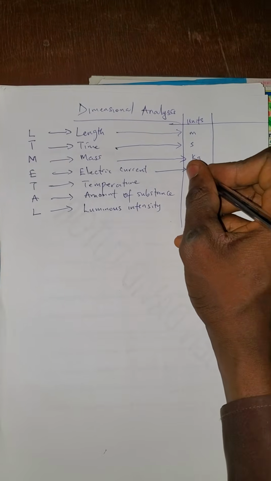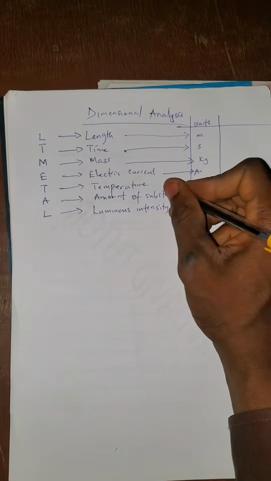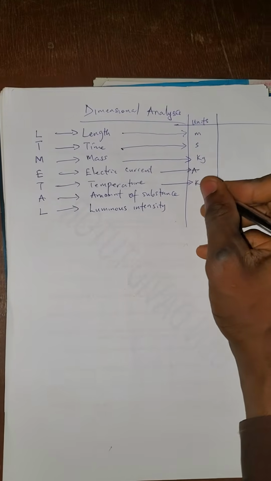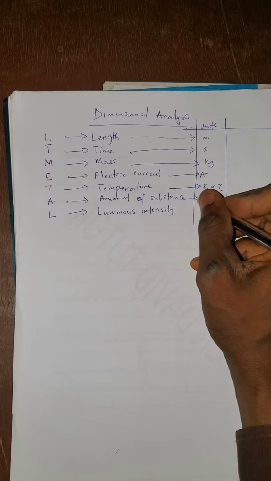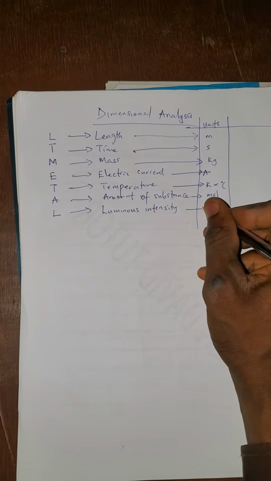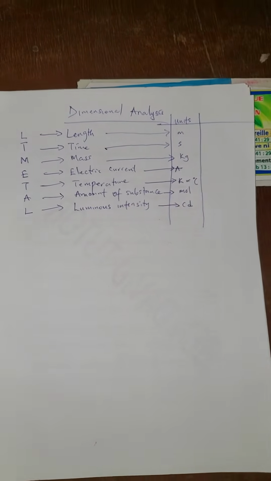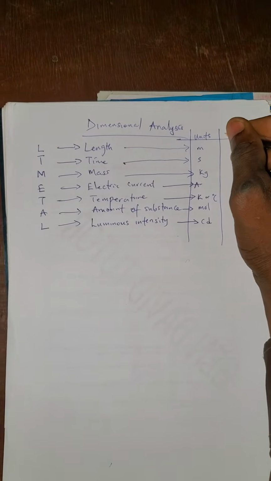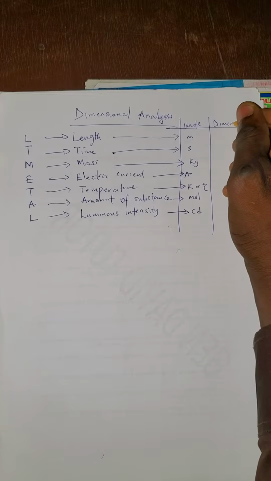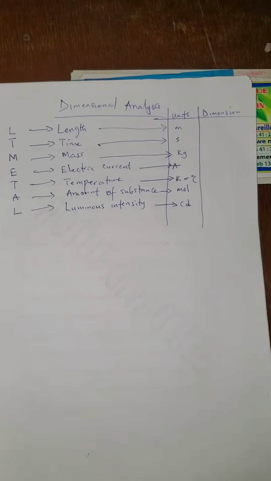For the electric current, it is measured in ampere. Temperature is measured in Kelvin or degrees Celsius. Amount of substance is measured in mole, and luminous intensity is measured in candela. Don't forget.